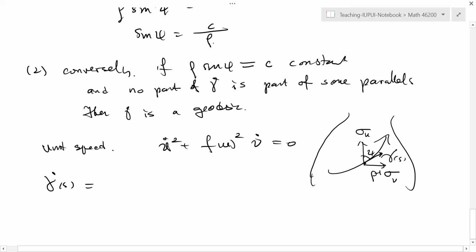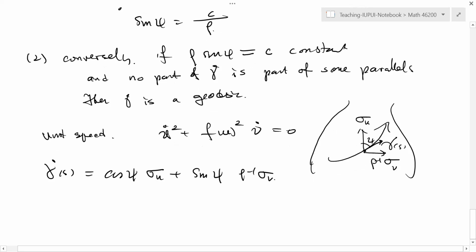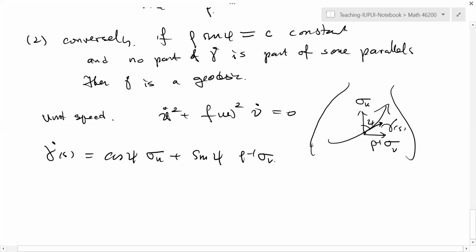If this angle is phi, then I can describe it as cosine phi sigma u plus sine phi sigma v over rho, because it's two vectors.